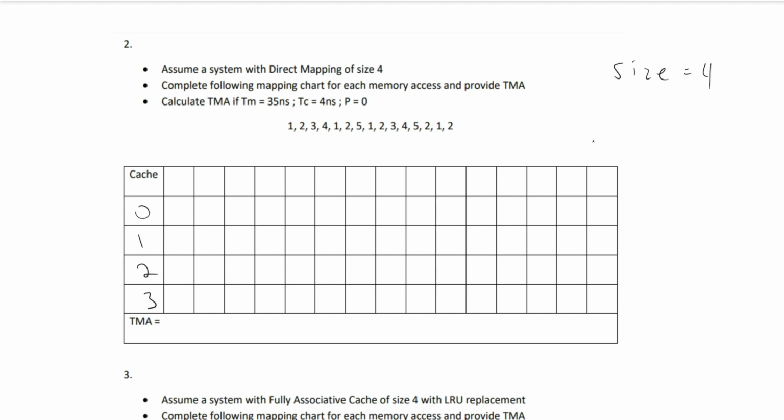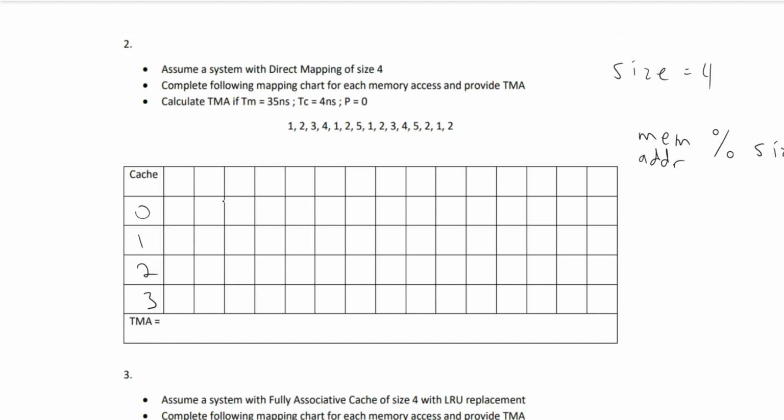And for direct mapping, it's the memory address modulo the size of the cache. Memory address modulo size of the cache. Okay. So the first one, what does he have this top box for?